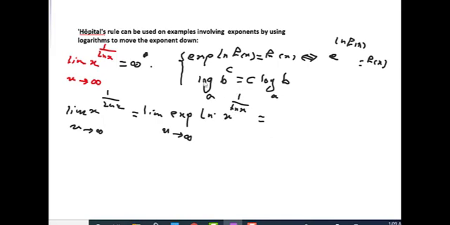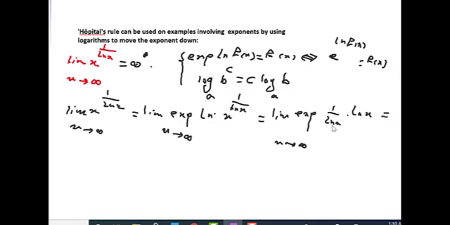Now, according to this formula, 1 over ln x can come beside the logarithm. So I can write the limit of the exponential of 1 over ln x times ln x, so this power comes here as a coefficient, when x approaches infinity.